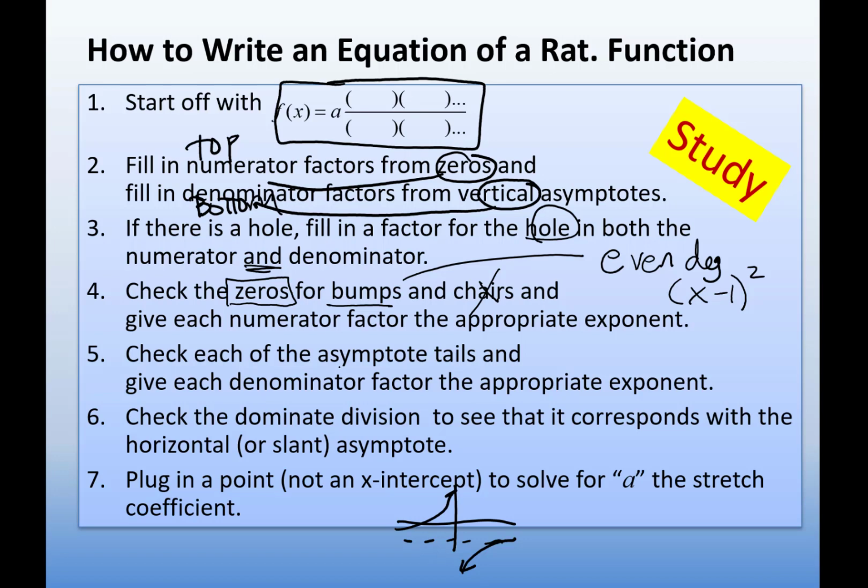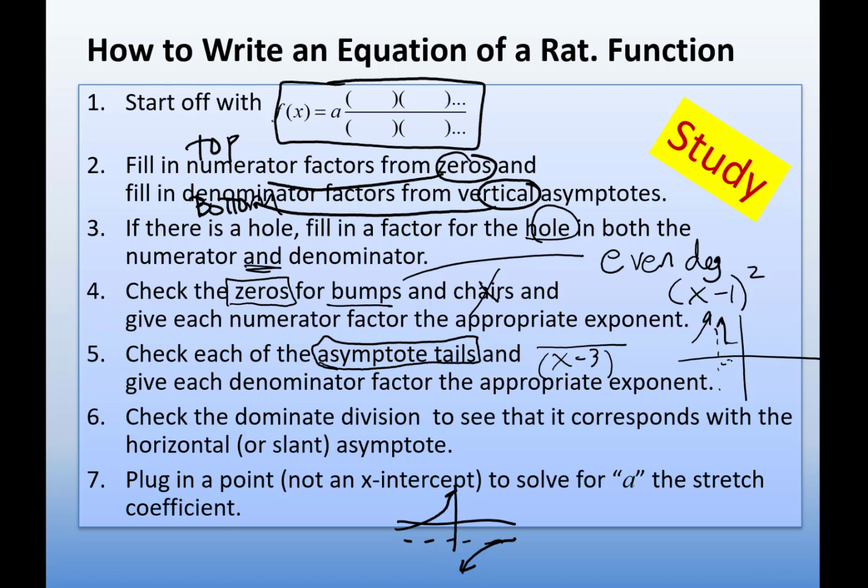The asymptote tails. Now I'm going to post some examples in the playlist where the instructor is different. He doesn't talk about the tails, but he does talk about going down. So on the asymptotes, if we've got an asymptote going down, if the tails both go the same way, then the denominator may have an asymptote at 3.